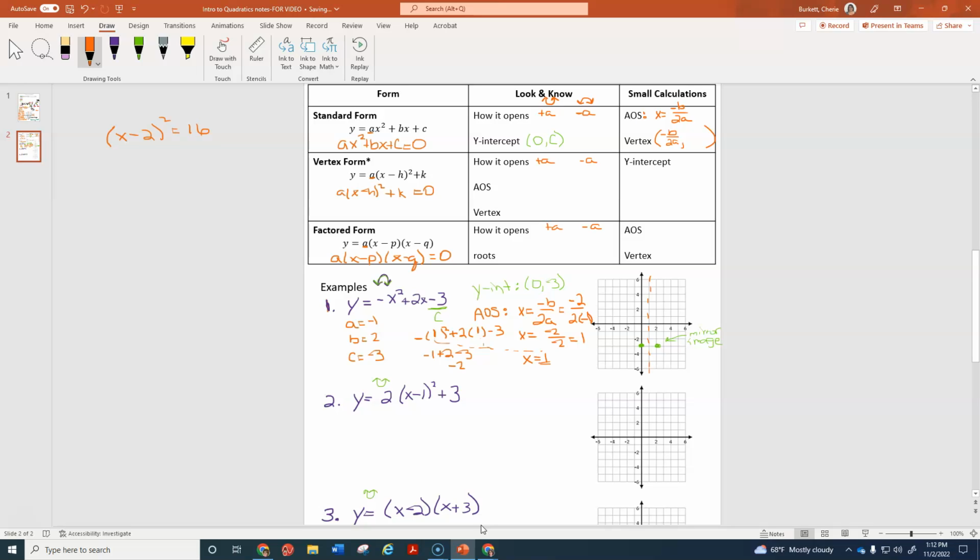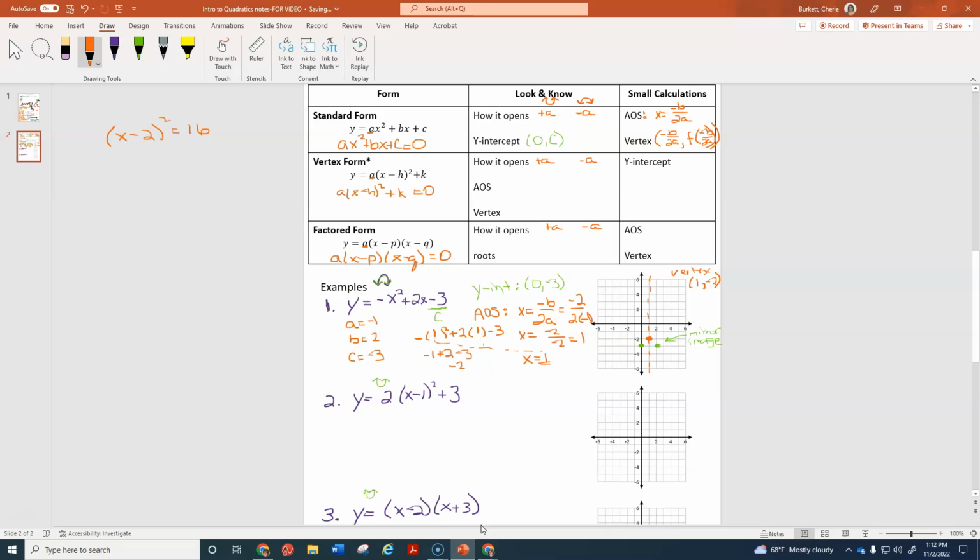So that means that my vertex is right there. My vertex for this one, I found it to be 1, negative 2. So here's how we write it: f of negative b over 2a.